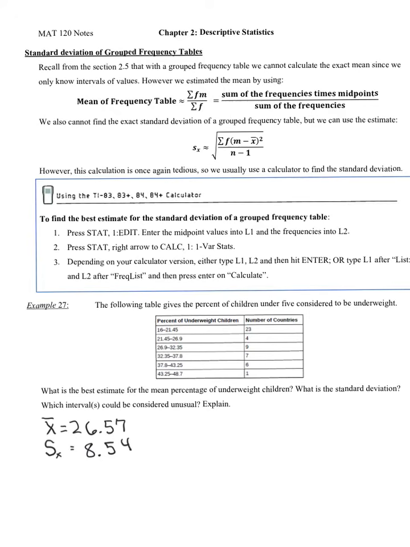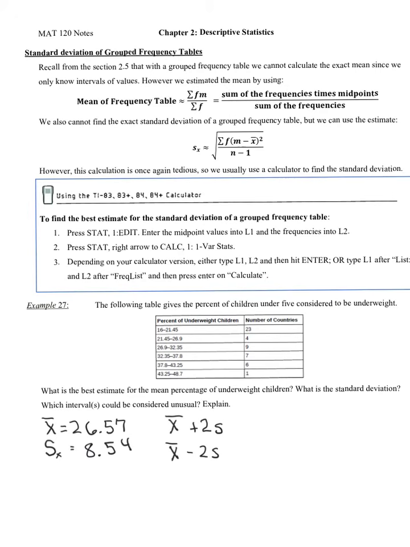Keep in mind, when a data point is unusual, that means it falls more than 2 standard deviations from the mean in either direction. In order to find which intervals would be considered unusual, let's figure out the borderline for those unusual endpoints.